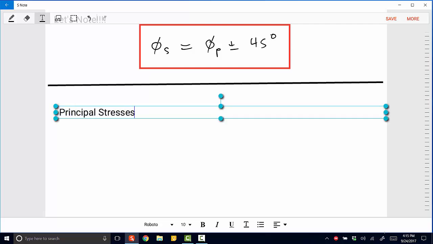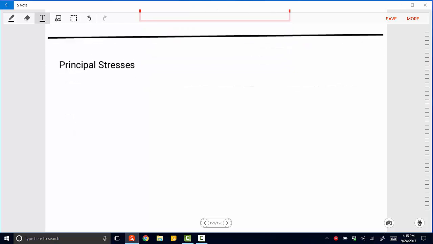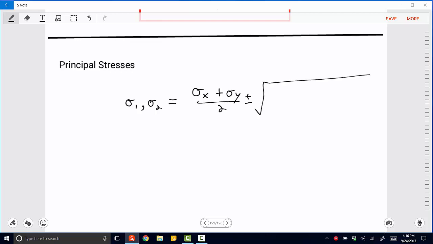Principal stresses. We'll find the principal stresses sigma 1 and sigma 2 are equal to sigma x plus sigma y divided by 2 plus or minus the square root of sigma x minus sigma y divided by 2 squared plus tau xy squared, right?